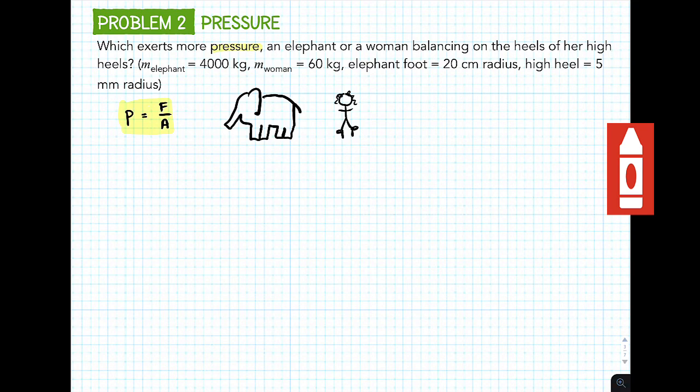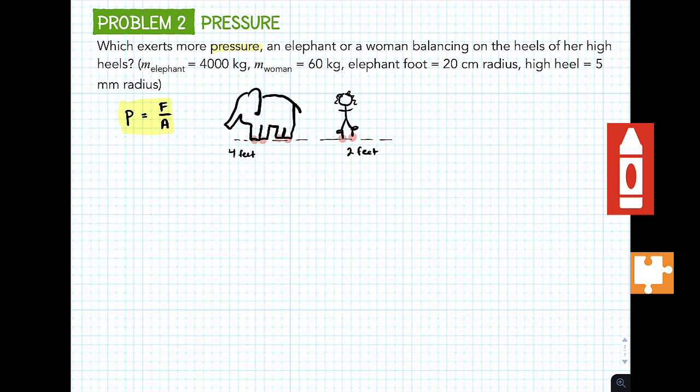So the point here is we have these points of interest. This is where things are in contact with the ground, okay? So the first thing to remember is how many feet does an elephant have, right? So the elephant has 4 feet, and most women have 2 feet, a few exceptions.